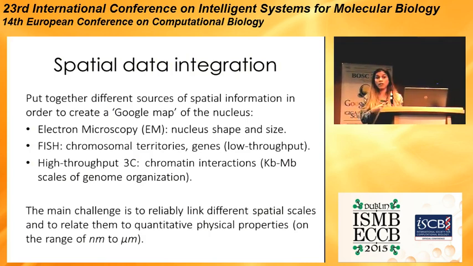And then we have high-throughput 3C, Hi-C data. This allows us to go even further down and to have higher resolution. We're now reaching kilobase resolution, and hopefully this will develop even more. So we get a really zoom-in effect if we put all this type of information together.